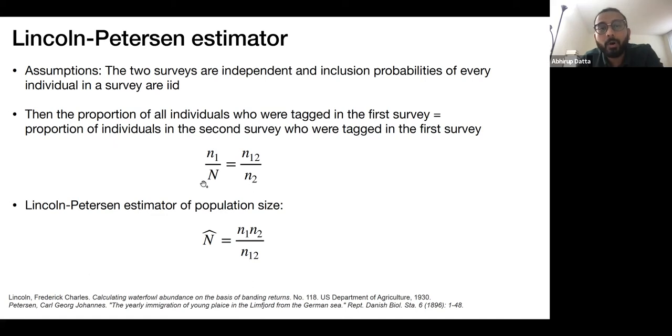The proportion of all individuals who were tagged in the first survey is N1 over N, and of course, we don't know N. This is what we want to estimate. The proportion of individuals in the second survey who were tagged in the first survey is simply the overlap count N12 over the marginal count for the second survey N2. Under the assumption this identity holds, and this leads to the Lincoln-Peterson estimator of the population size, which is N hat given by N1 times N2 over N12.